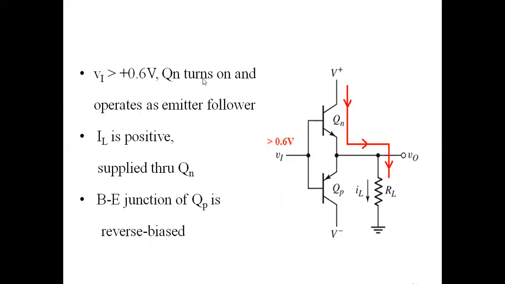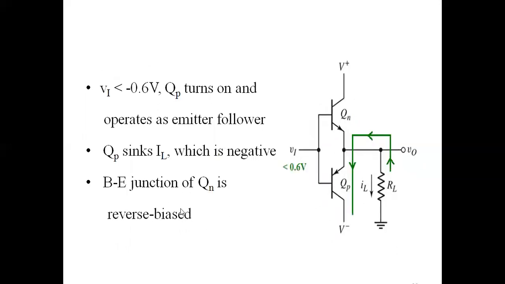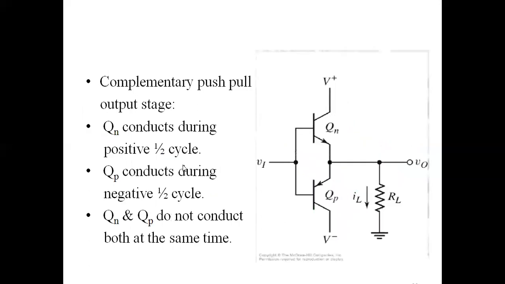This is the condition we have just discussed: when the input voltage is greater than 0.6 volts, Qn turns on and operates as an emitter follower. Load current is positive and is being supplied by Qn. The base emitter junction of Qp is reverse biased.